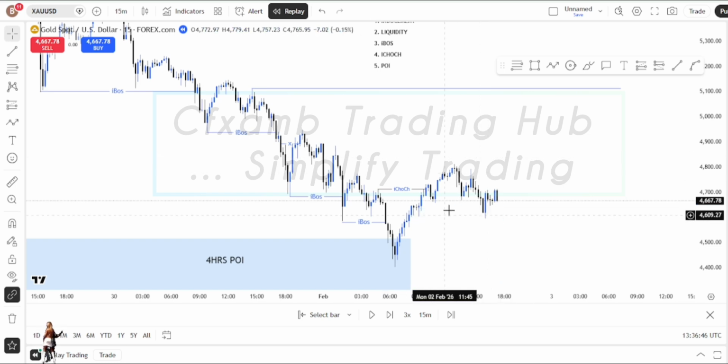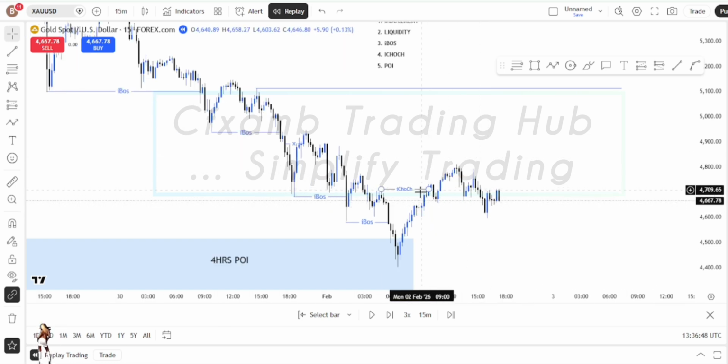Now you see that the market has closed above. After the market closed above, where is our inducement? We have our inducement here, and if you look closely, we have a recent pullback here. This is our recent inducement.